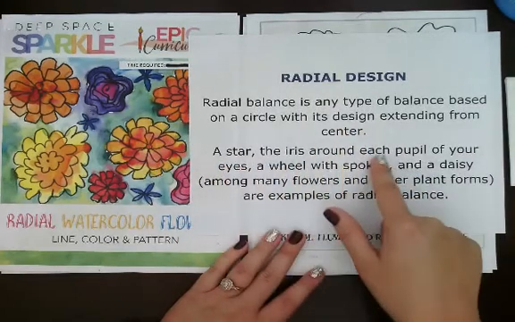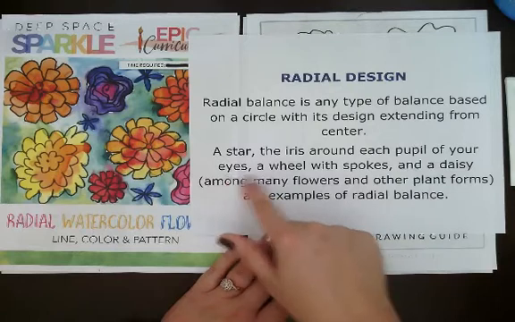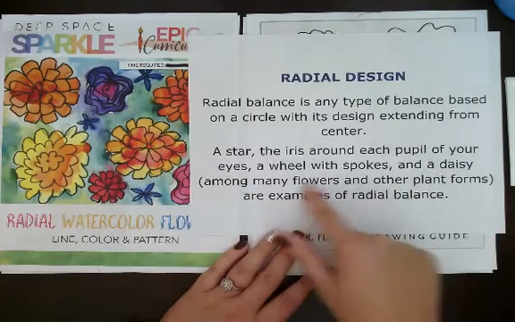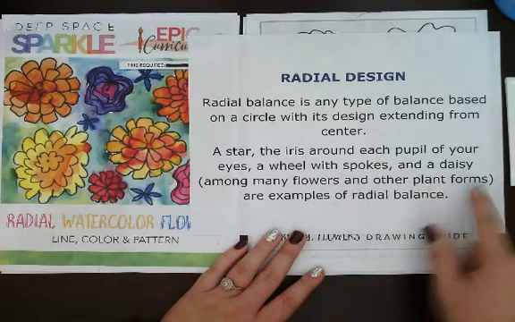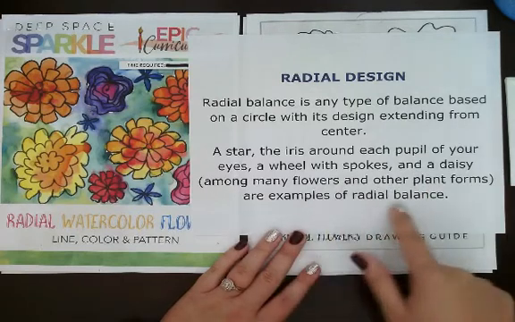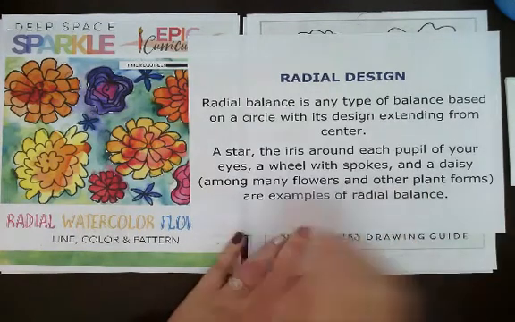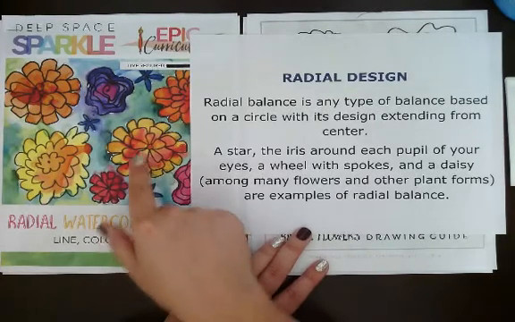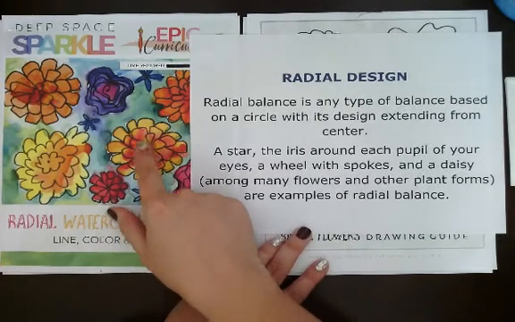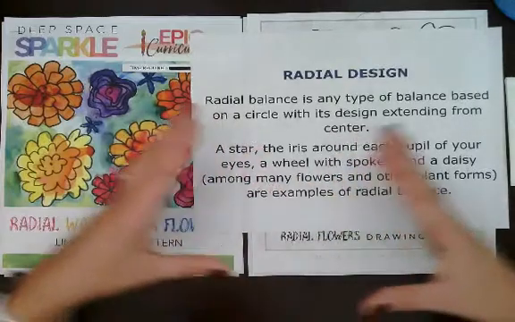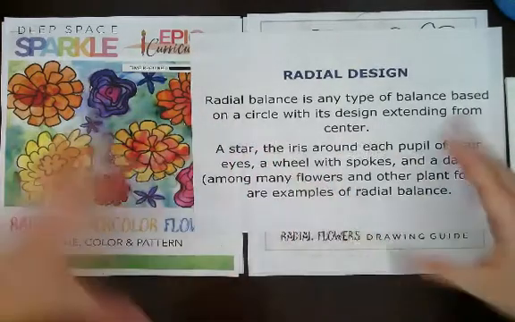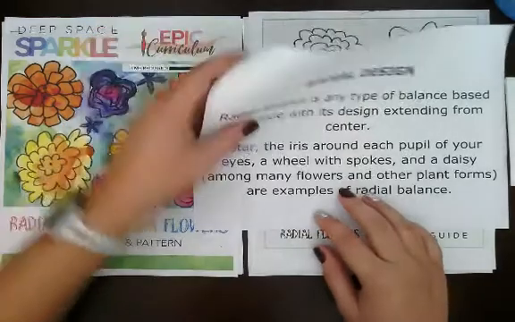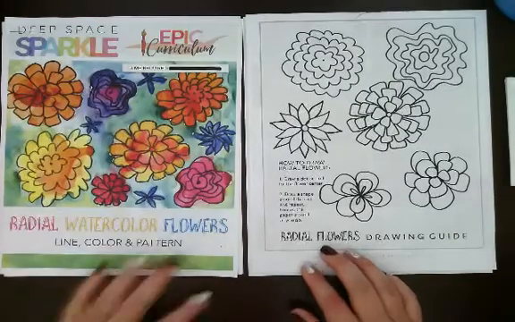Here's an example: a star, the iris around each pupil of your eyes, a wheel with spokes, and a daisy, among many flowers and other plant forms, are examples of radial balance. So our flowers are examples of radial balance. They start in the center, the petals extend, they move away from the center, but they're still going in that circular form.